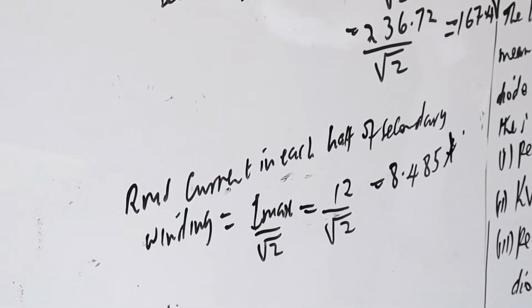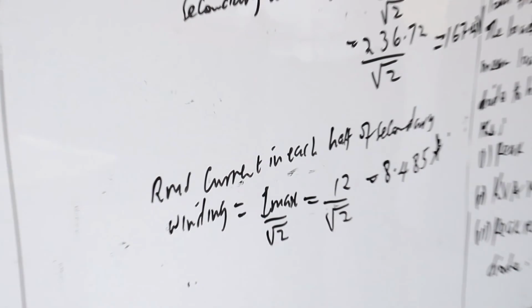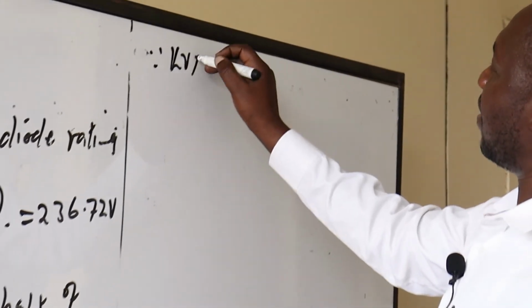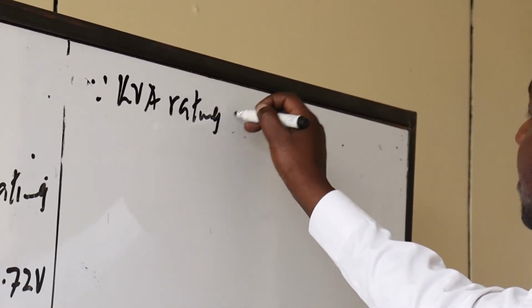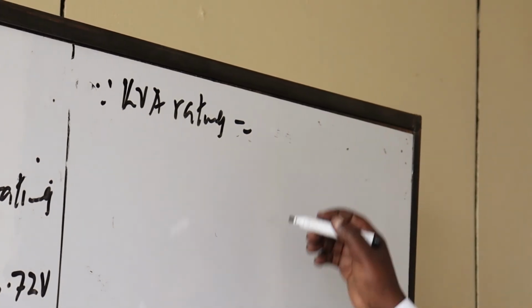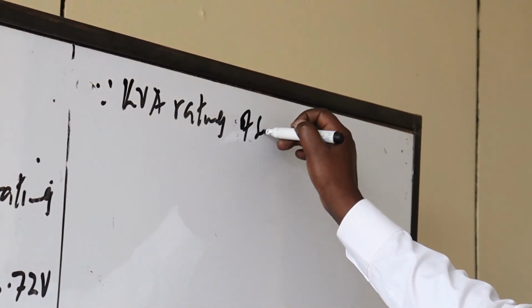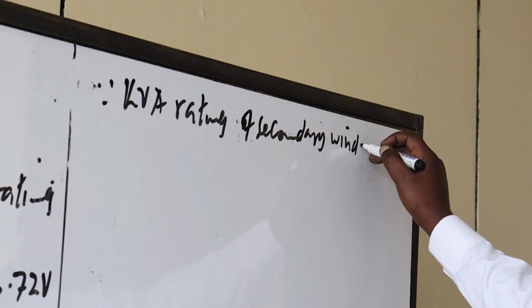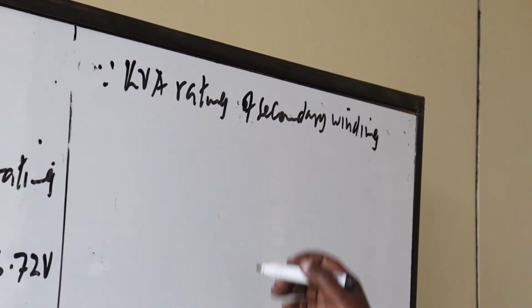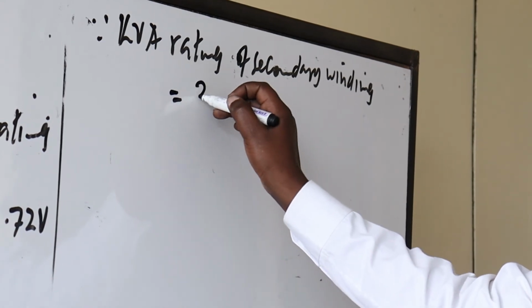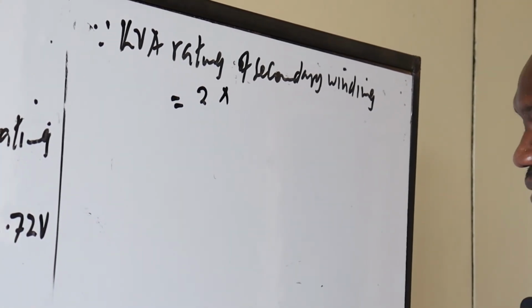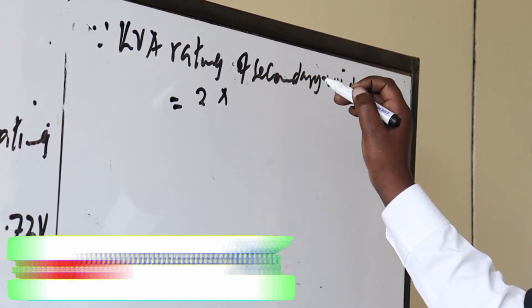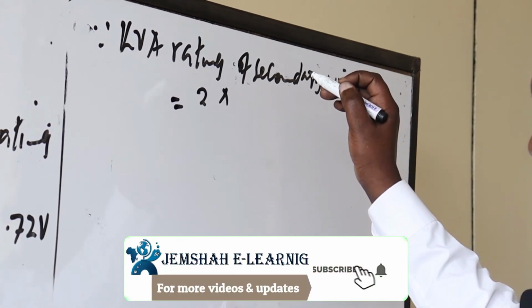So now we can get the kVA rating. Therefore, kVA rating of the secondary winding will be 2 times 8.485 times 167.4.